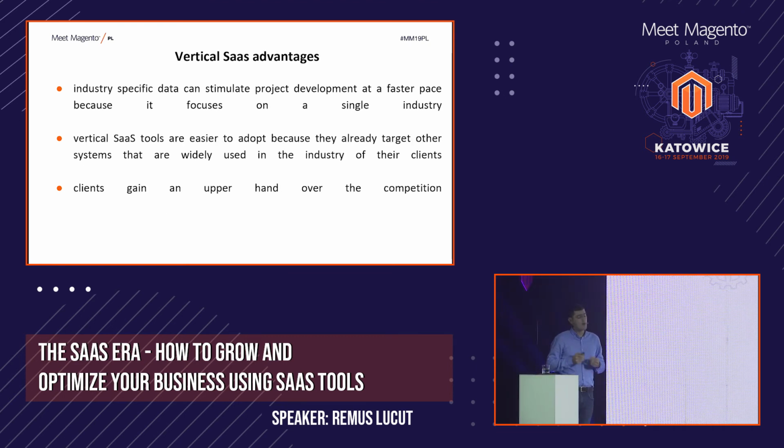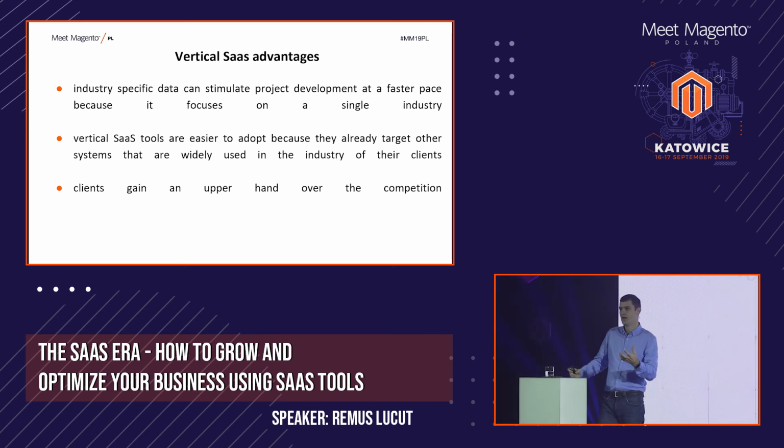Okay, what are the advantages practically? Well, if a company already targets the industry that you are in, it really helps you benefit from that experience, to easily adopt it, and to have better results in the long run because that SaaS solution already focuses on the industry where you are present.